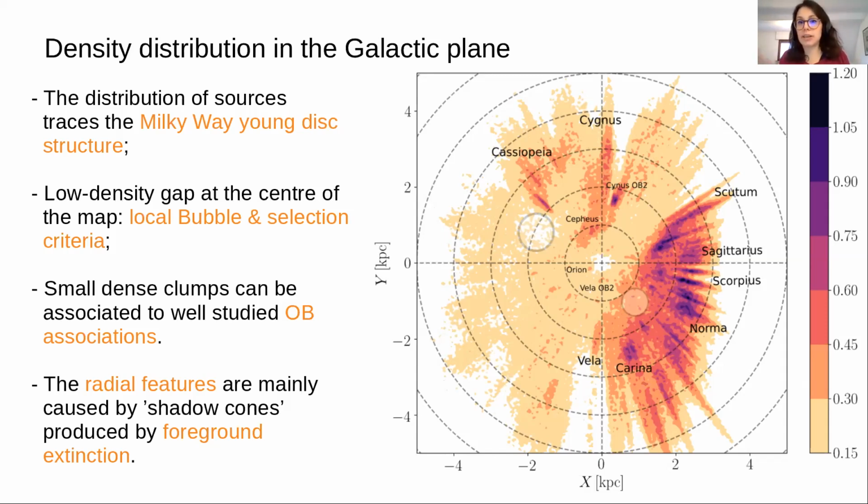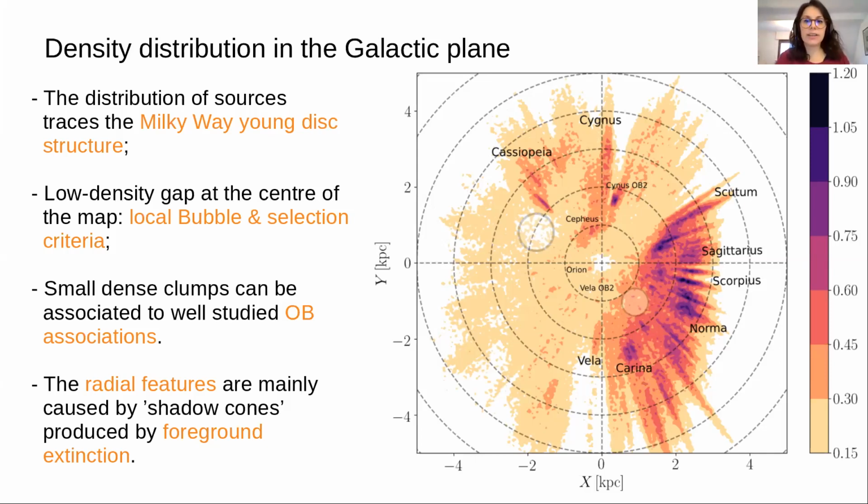In other regions, we cannot pierce through the dust. And so in some regions we tend to see farther stars than in other regions. These are called shadow cones produced by foreground extinction. And of course, above 2 or around 3 kiloparsec, distance errors start to become significant. And the effect of parallax errors, and therefore distance errors, is that stars tend to move along the radial direction.